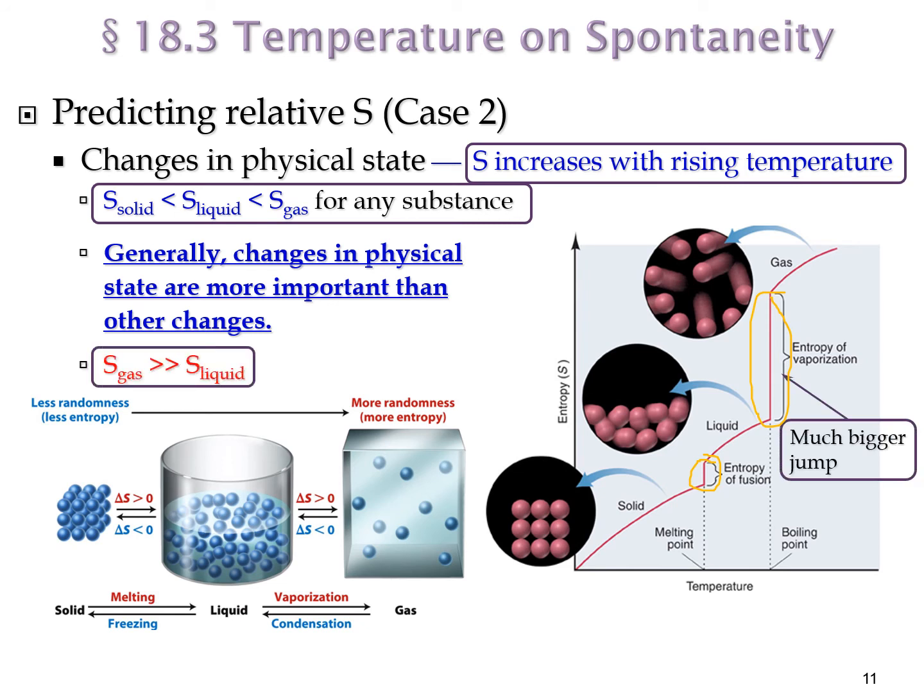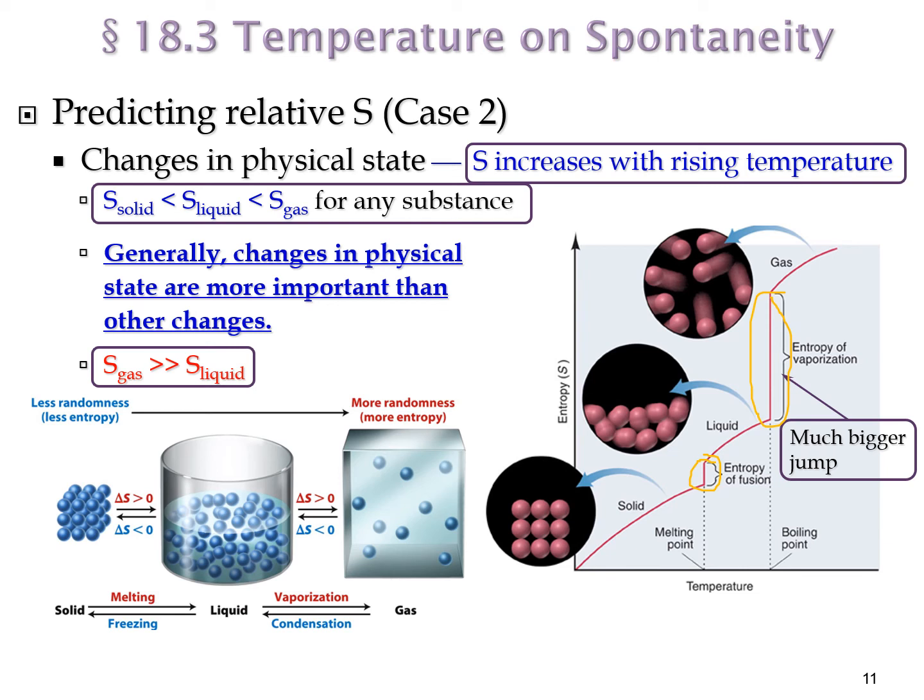Since the jump from liquid to gas is very much bigger, the entropy of gas is much, much greater than the liquid and greater than the solid as well. Because of this big jump, if we find something that's a gas, no matter how simple, the entropy of the gas is greater than that of a solid or a liquid.